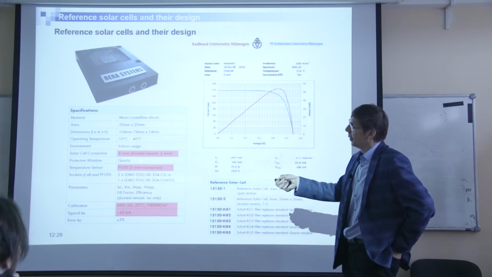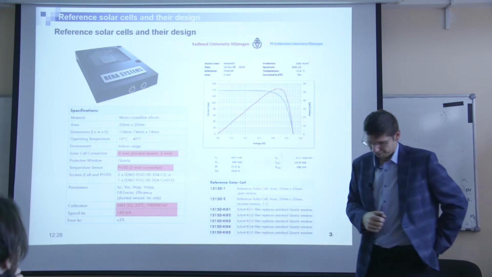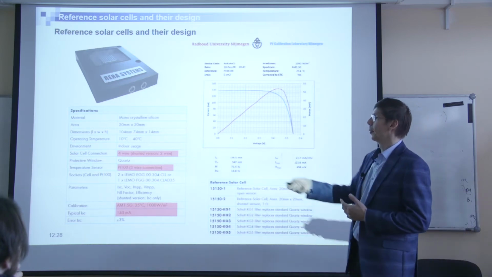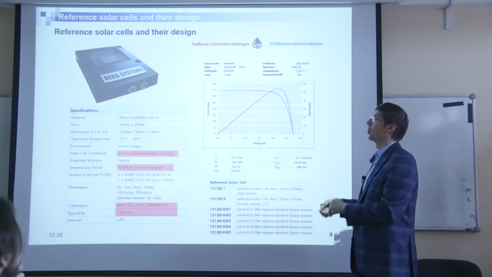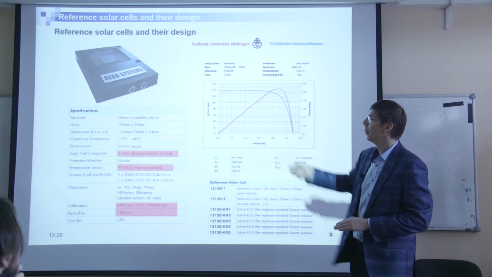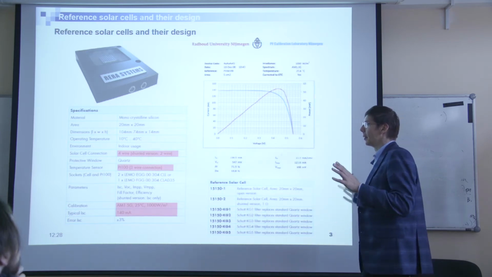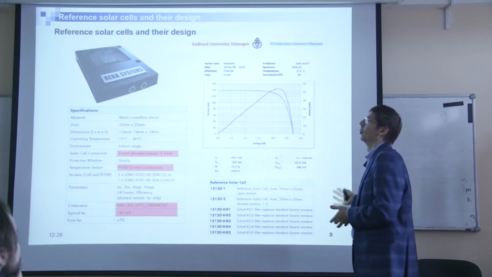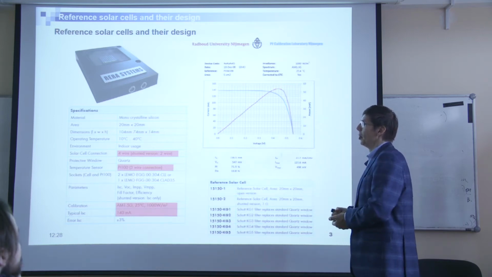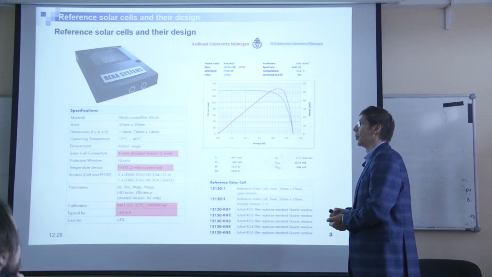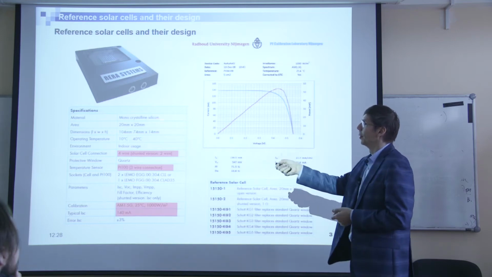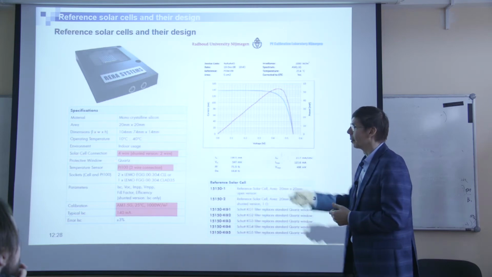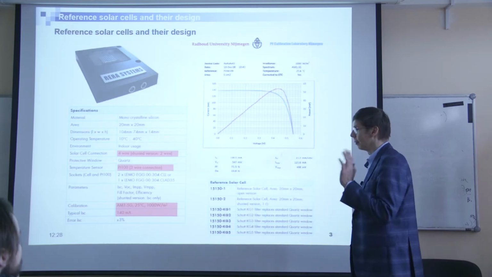Another thing you have to choose correctly is the protective window. As I told you, it's packaged, so you have some window. If you don't need to change the spectrum, for example you would like to measure a silicon-based solar cell, you just order a silicon-based reference cell, and you can order a quartz protective window.